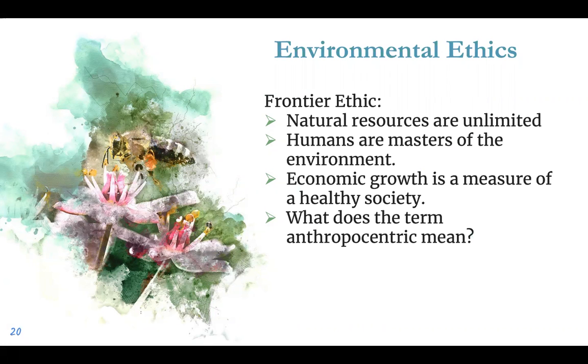So the frontier ethic, people who believe in this believe that natural resources are unlimited, right? So things like healthy soil are unlimited, but it's not actually unlimited. The frontier ethic also says that humans are masters of their environment. Economic growth is a measure of a healthy society.